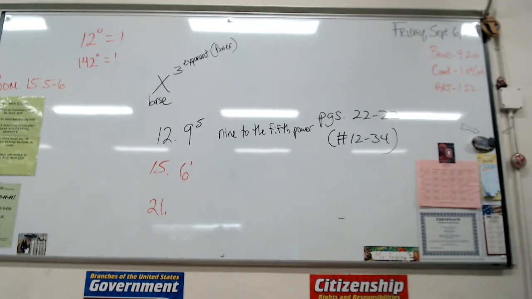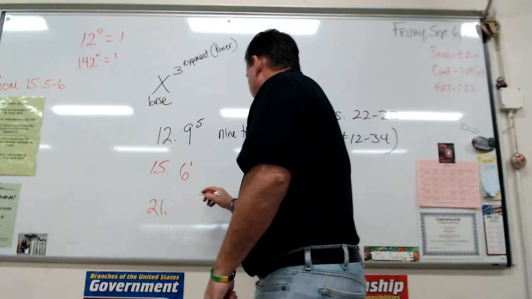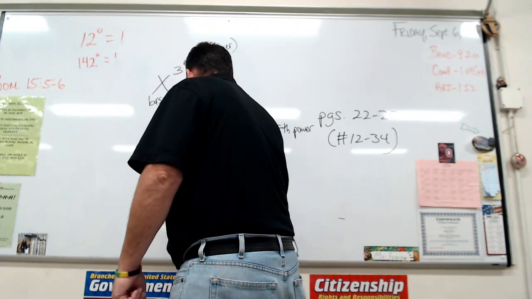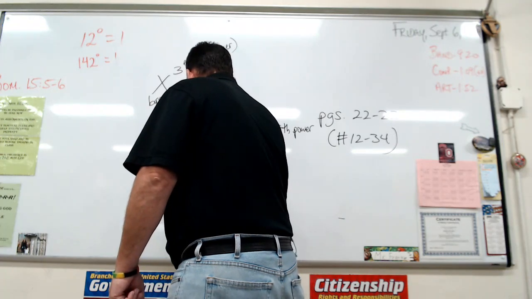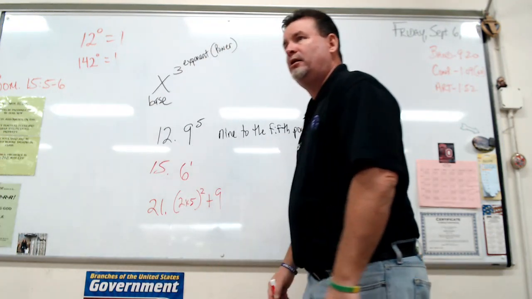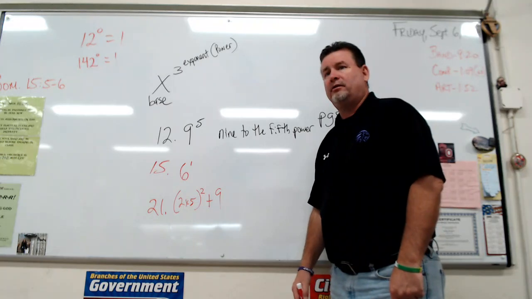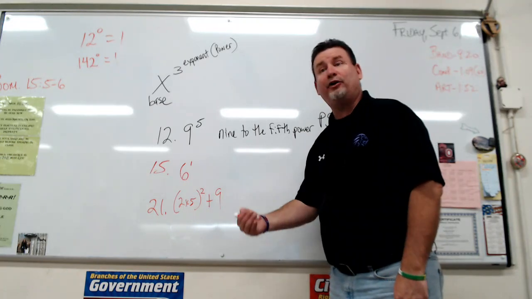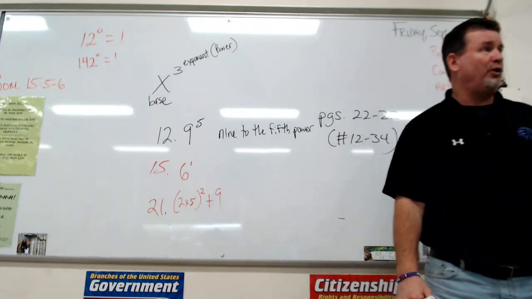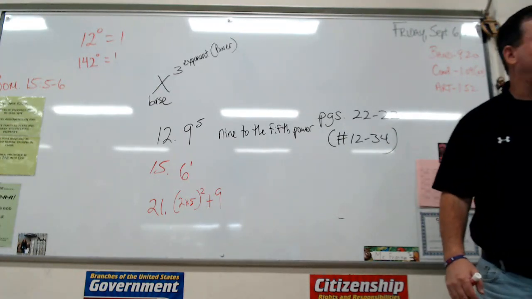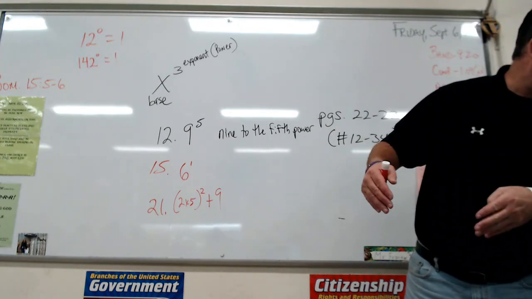It's 2 times 5 to the 2nd power, but the 2 times 5 is in parentheses. So you have to do that first. What is 2 times 5? 10. Okay, what's 10 squared?